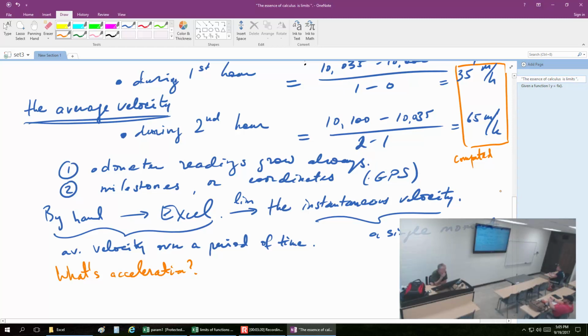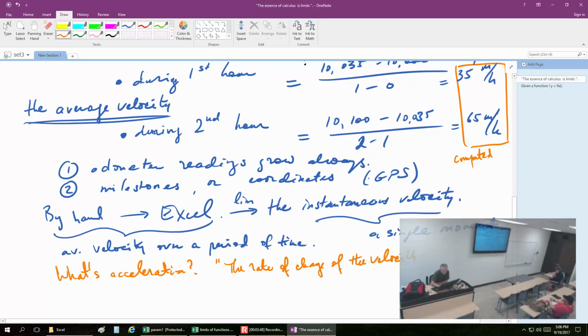If you think about the term, you are accelerating, you are increasing, or potentially decreasing, your velocity. That's the meaning of acceleration. The answer is the rate of change of the velocity. That's the theoretical answer.